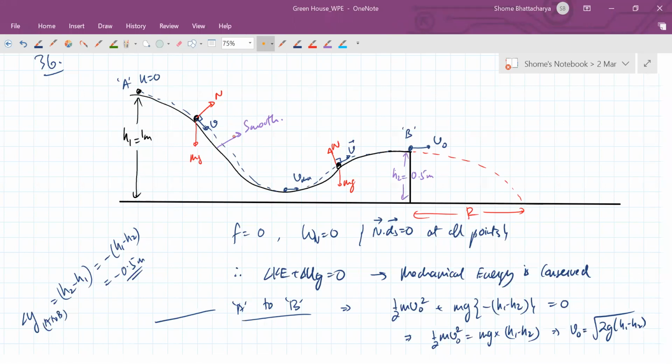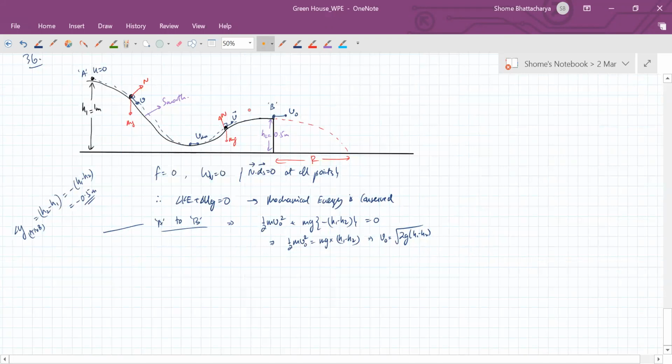Yes, Tej. How will we find the range, tell me? No, see, the thing is the change in vertical coordinate, A to B. So it's the y coordinate at B minus the y coordinate at A. So it is h2 minus h1, which is the same thing as minus of (h1 minus h2).